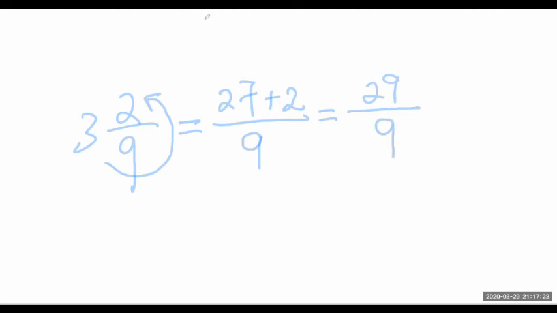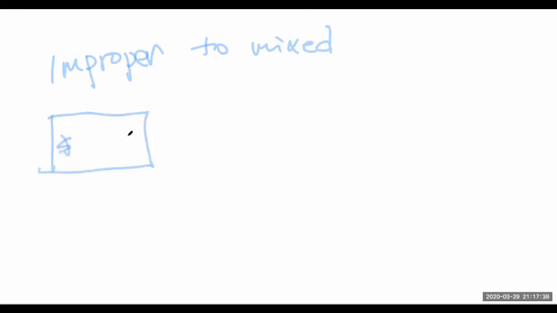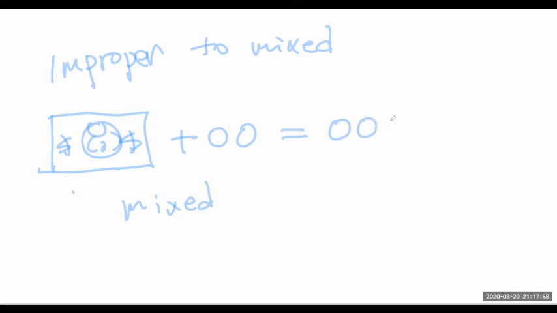So now we do the other way around, from improper to mixed. By the way, if we got one dollar and 2 quarters, and we change this to quarters, it's 6 quarters.